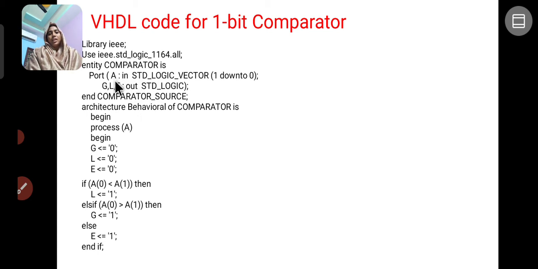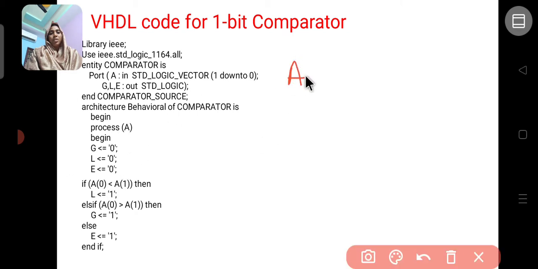See here, we have 2 inputs, A0 and B0. Then we have 3 outputs: greater than, less than and equivalent to, where G stands for greater than. All the 3 bits are only scalar types.